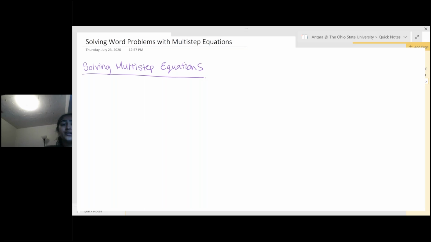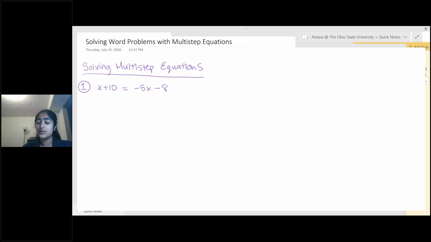For the very first one, we have x plus 10 equals negative 5x minus 8. With this, we're going to do the inverse operation. In this equation, there are no parentheses, so we don't have to worry about that.